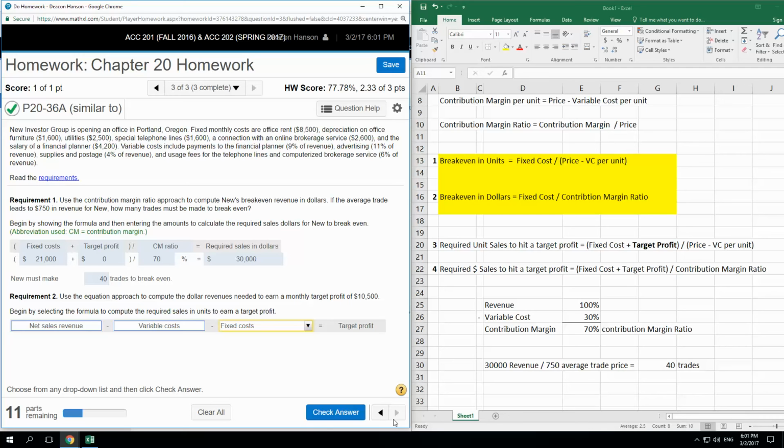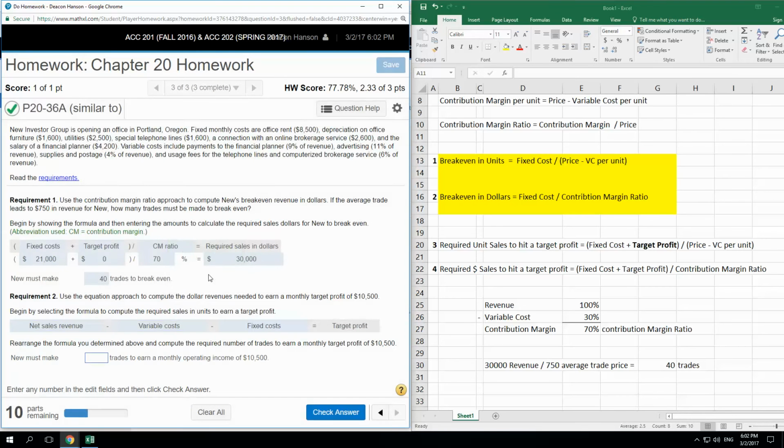If you know that revenue minus variable costs minus fixed costs equals target profit, then you could use algebra to manipulate that equation so you can isolate the sales revenue. You could get it where you have just sales revenue on one side. So target profit plus fixed cost plus variable cost gives you net sales revenue. Yeah, it ends up doing that.